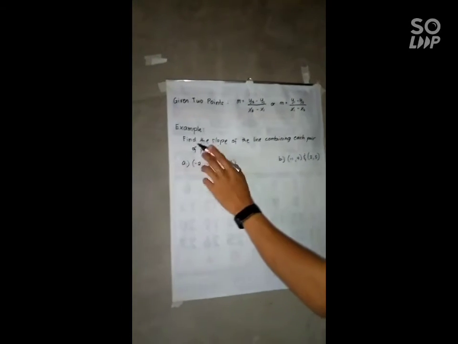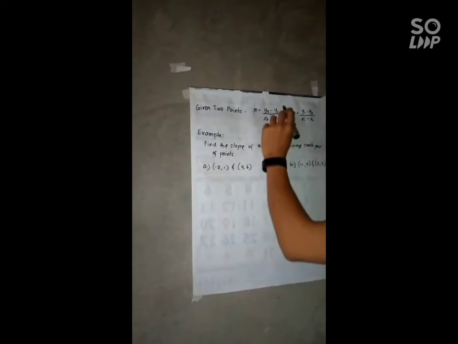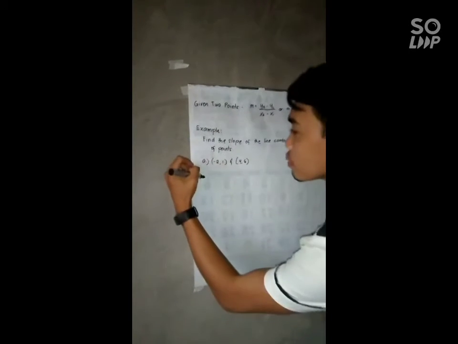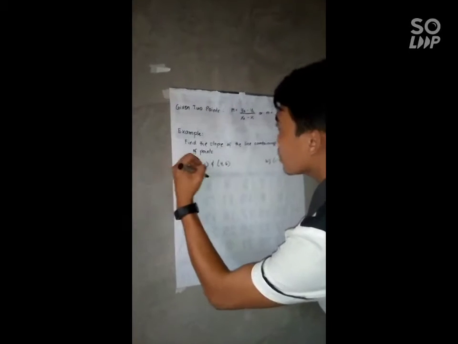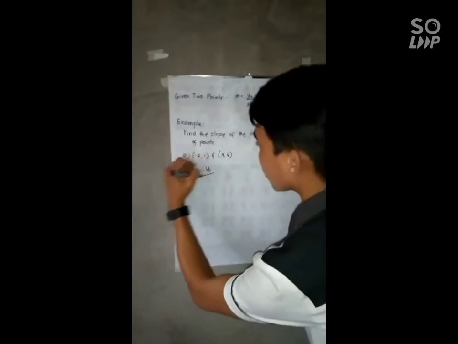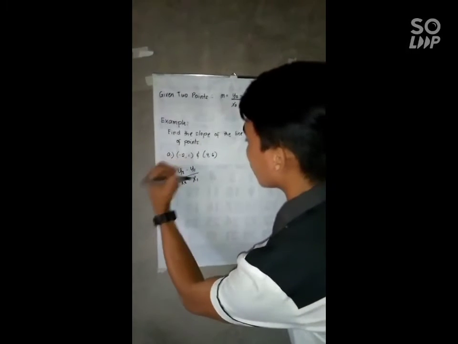In the example, find the slope of the line containing each pair of points. We have two examples, A and B. Let's solve A first. First, we write the formula given: slope is equal to y2 minus y1 over x2 minus x1.